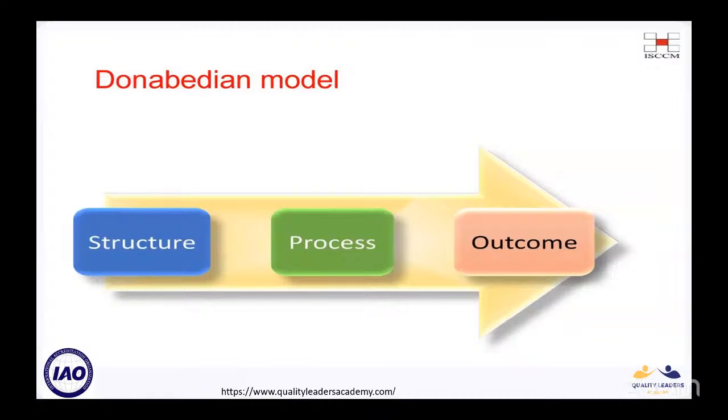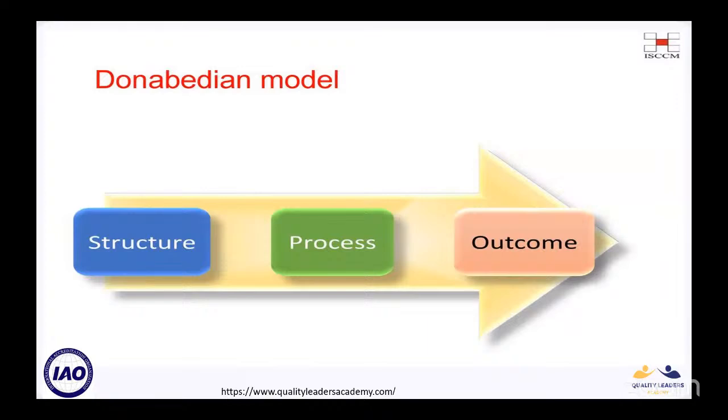Donabedian was a Lebanese American physician and researcher who developed this particular framework in the 1960s. But even after so many years, for almost 60 years, this still stands tall, and this is a dominant paradigm for assessing quality of care. That's how good it is. Okay, so this model has three components: structure, process, and outcome.